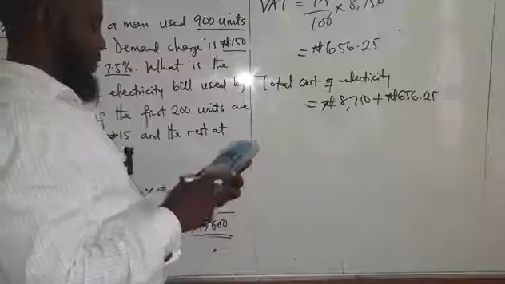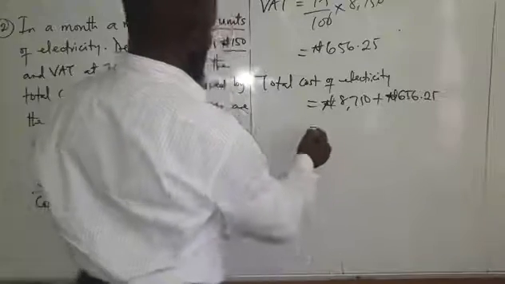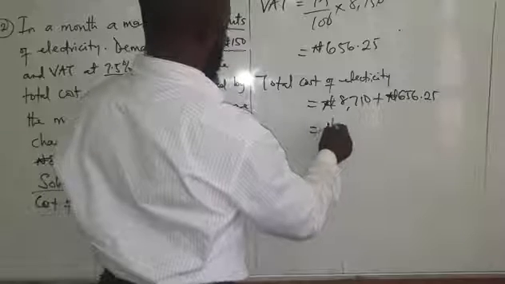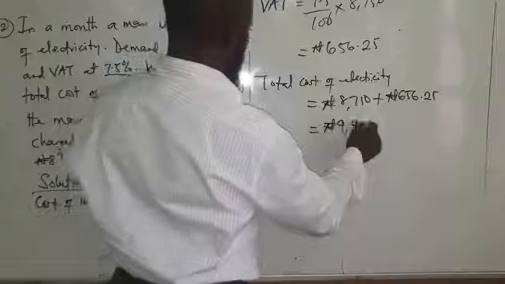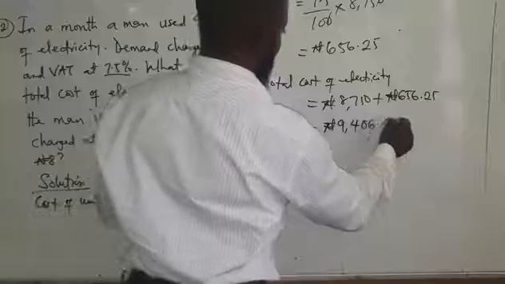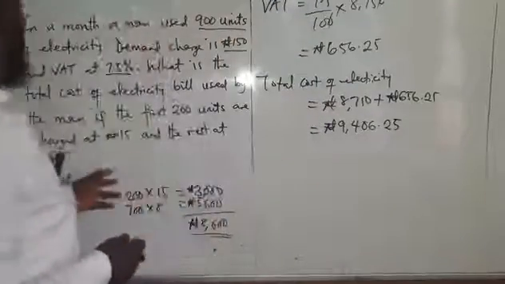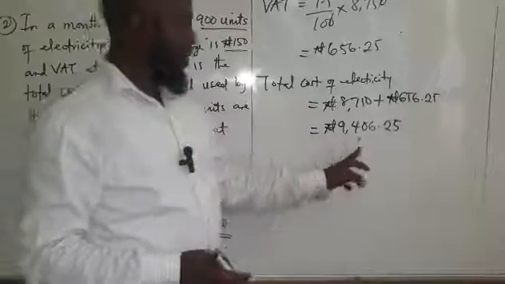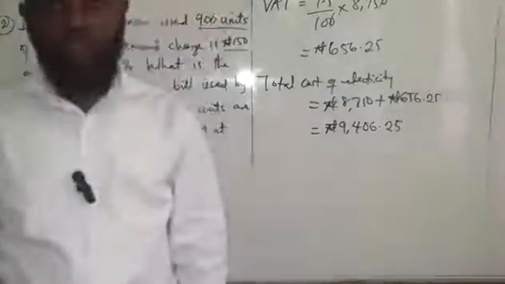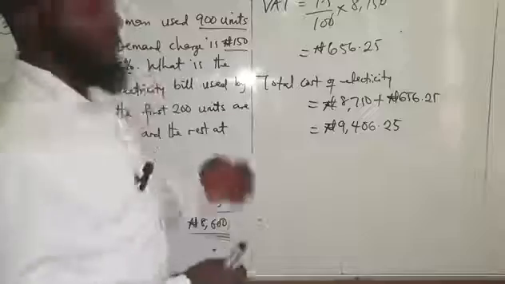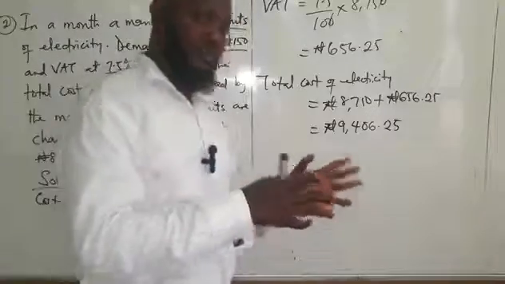That gives 9,406 naira 25 kobo. So the man will pay 9,406 naira 25 kobo as the total cost of electricity used for that month.